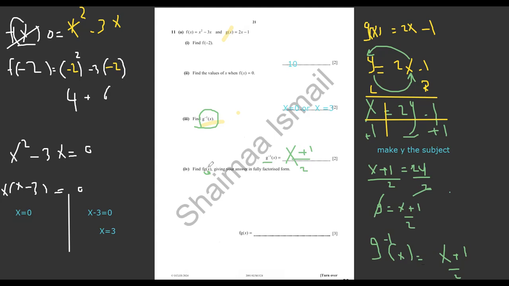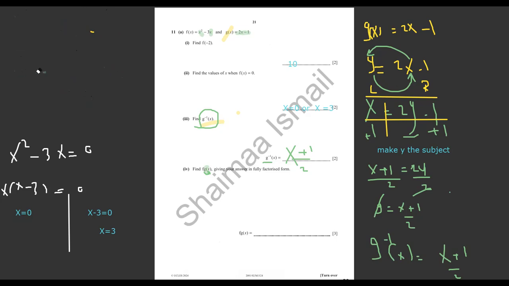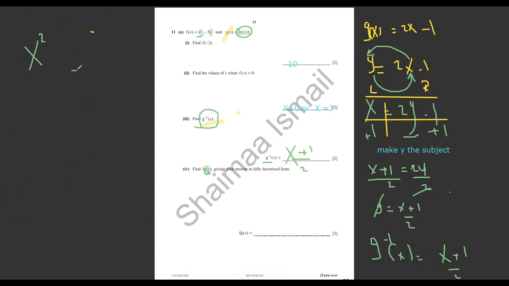Here the inside is g of x, so we take this g of x and put it here. f of x is x squared minus 3x, so we take it and put inside it 2x minus 1, which is g of x.